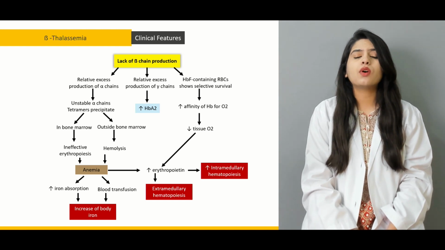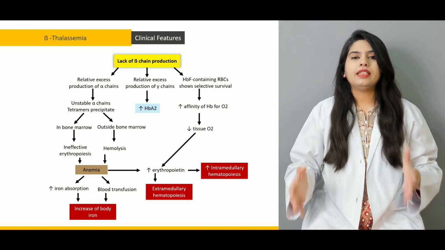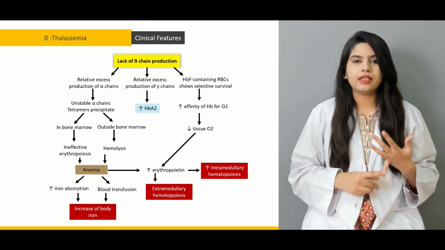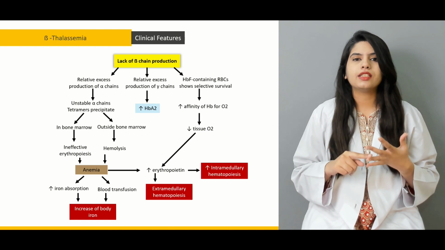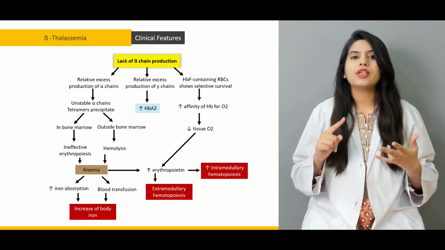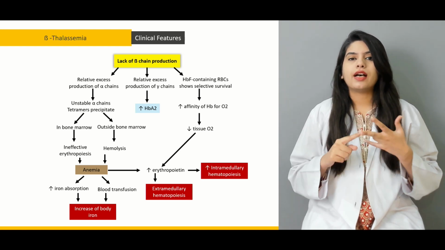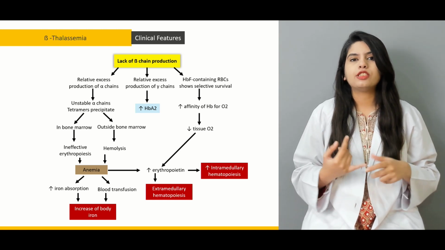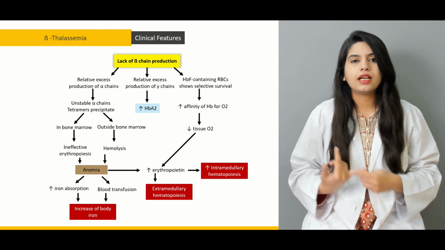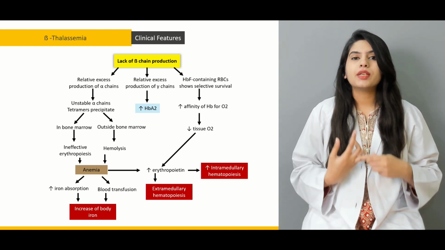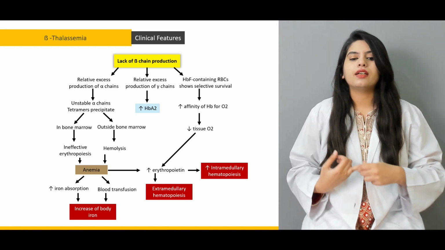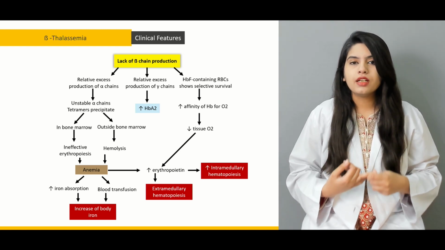So summarizing all of these things, beta thalassemia can lead to anemia, and it may manifest as iron overload, symptoms related to iron toxicity, symptoms related to the liver, related to our heart, like arrhythmia, like tachycardia, pulmonary symptoms, and also some skeletal deformities.